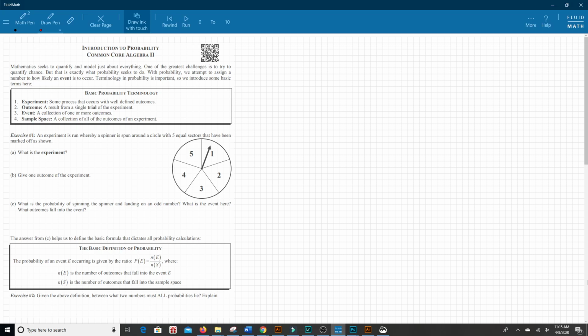Given the above definition, between what two numbers must all probabilities lie? So probabilities are based on a scale from 0 to 1. This is a probability scale.